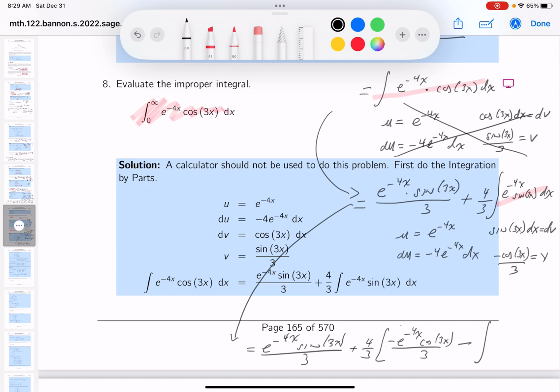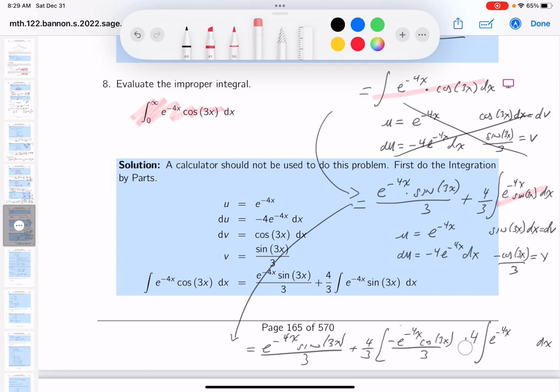And I gotta be careful here, right? So plus 4, I'll put the 4 on the outside, right? 4 e to the minus 4x dx, and then the v, well, I realize that's a minus now, isn't it?